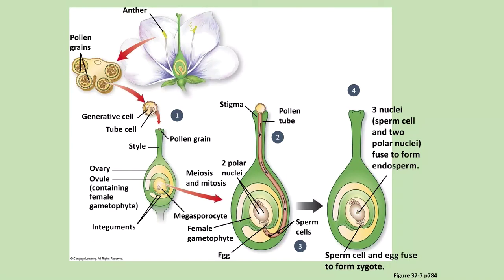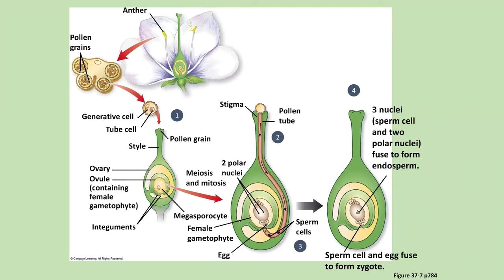Remember, there are 2 nuclei in there, and the sperm has its own nucleus, so that's 3. That becomes a triploid cell, and that triploid cell makes the endosperm. And recall that the endosperm becomes a tissue that is able to provide nutrients to the embryo when it is beginning to grow inside of there.